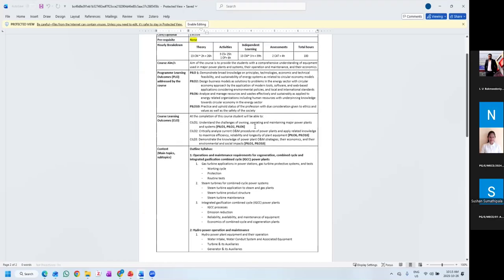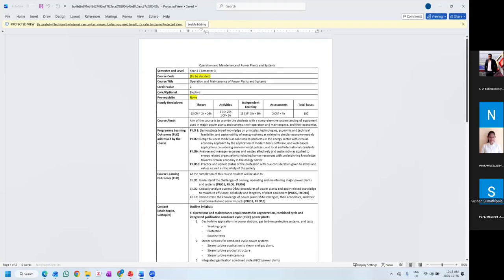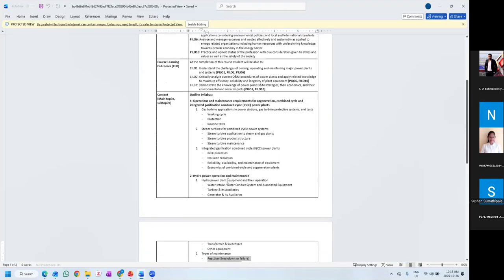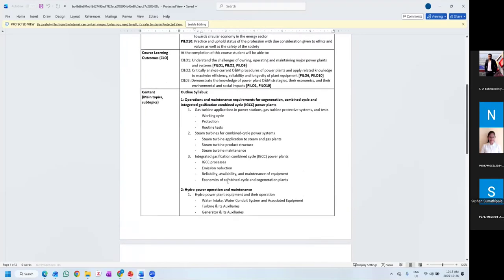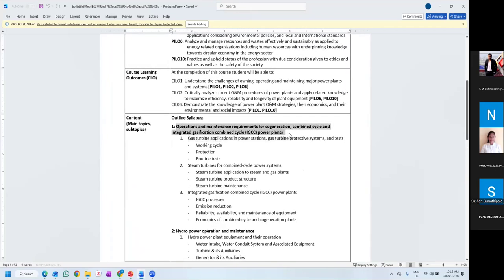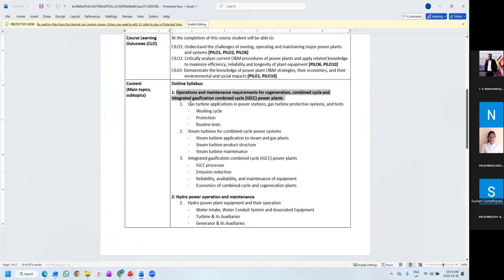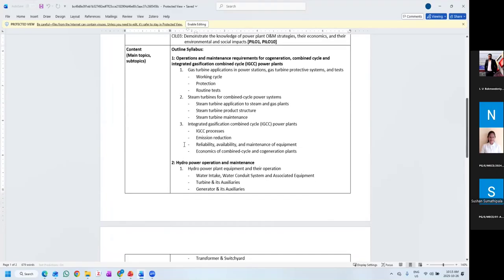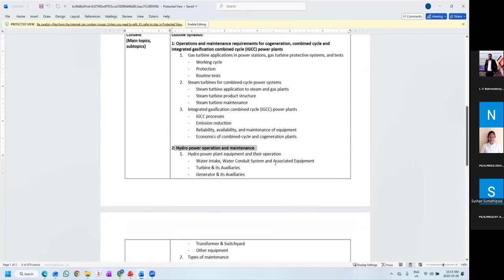So this is the content that I have received, and in this particular course outline, we are to look at the operation and maintenance requirements of cogen, combined cycle and integrated gasification combined cycle power plants with gas turbine applications in power stations, protective systems and tests, steam turbines for combined cycle power systems, and integrated gasification combined cycle power plants, the process, and then from thermal to hydropower generation and maintenance.